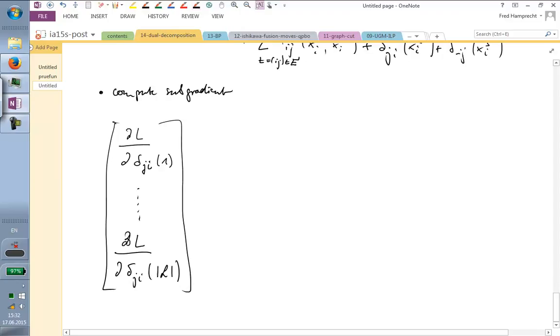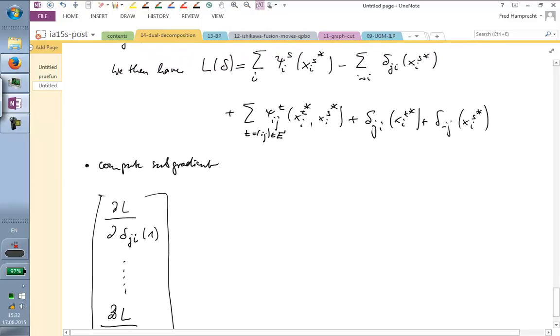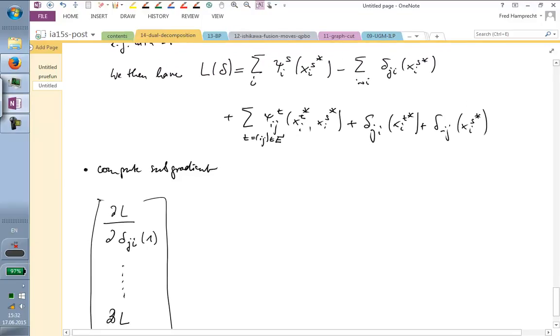And, well, if you now take the derivative of this function L, you see that the first term here does not depend on this delta_ij. The second term enters with a prefactor of 1. This term does not enter. This term enters with a prefactor of 1, and this term does not enter. Okay, I'm now taking the derivative with respect to delta_ji. So I have here a minus 1 and a plus 1 as contributions.